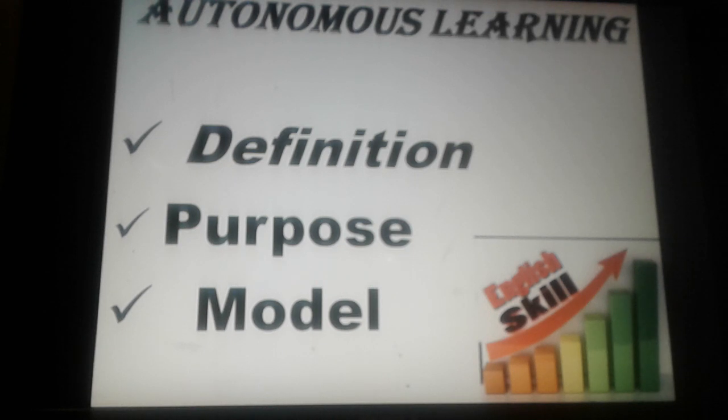Now let's focus on autonomous learning. Let's move to the definition of autonomous learning. Morocco started to use this method in 1980. They started to think of using this technique in the EFL, or English as a foreign language, classroom.